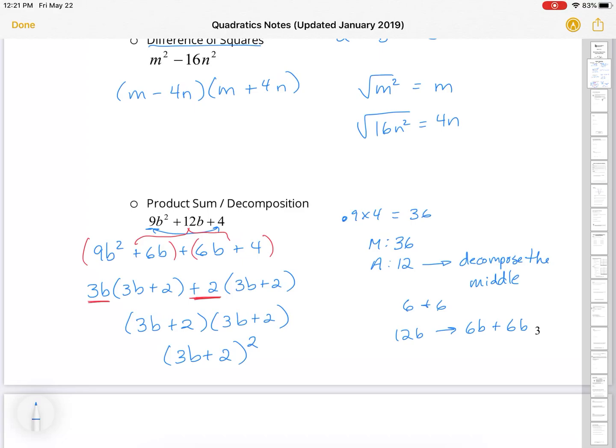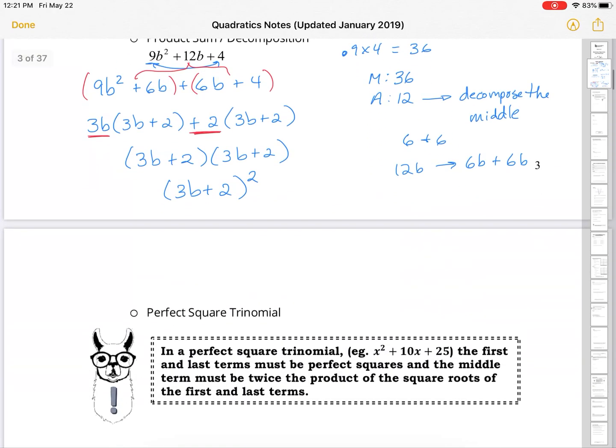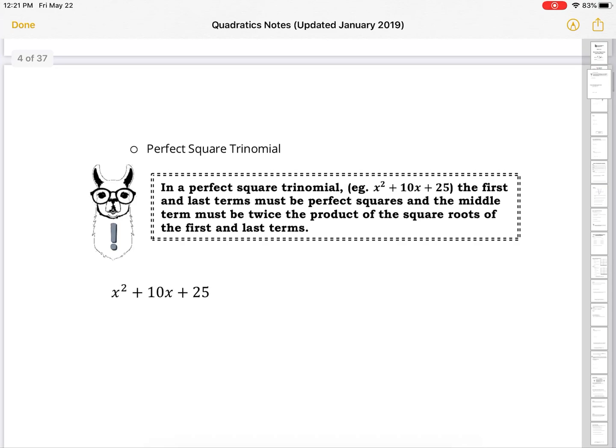Okay, moving on to the next page. Hopefully this is review for all of these. Perfect square trinomial, which we actually kind of just did one by accident. So in a perfect square trinomial, for example, x squared plus 10x plus 25, the first and last terms must be perfect squares, and the middle term must be twice the product of the square roots of the first and last terms.